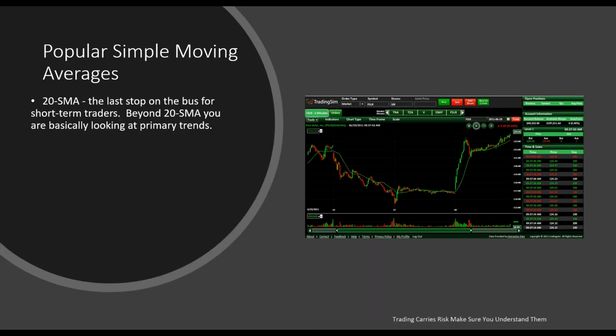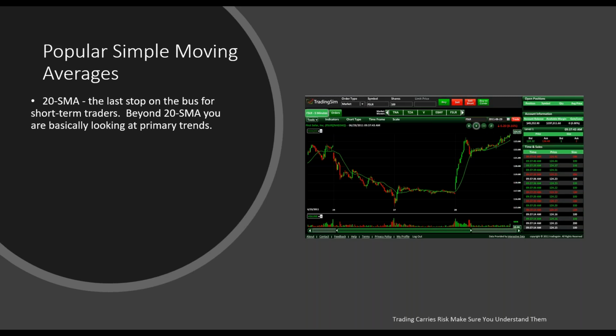Then we go to 20. So we've got 5, 10, 20. 20 is the last stop on the bus for us. We don't want to go beyond that because it no longer really helps our trading decision. We can go longer for environmental reasons. So we might use a 30 and a 60 and a 90, but they would help us decide whether we want to go short or long.